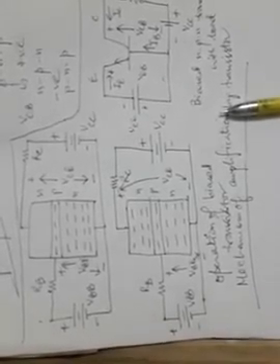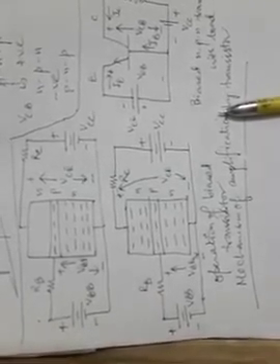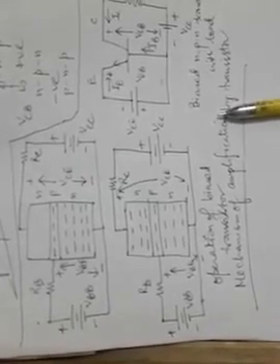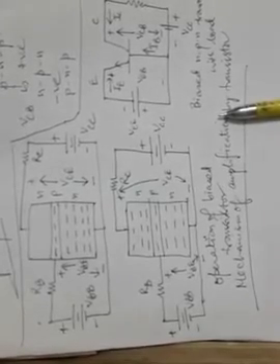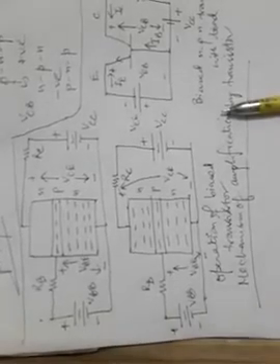So the majority carriers, electrons at the emitter side, because of its high doping and high conductivity, will move much more into the base side than the holes.